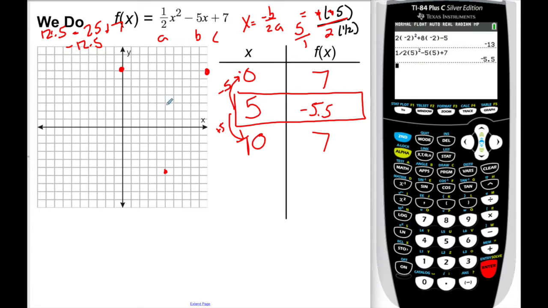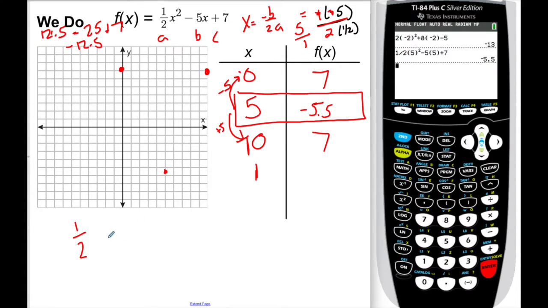So what do we plug in now? Well, what's a nice easy value to plug in? I'd like to plug in 1. 1 is nice and easy because if I square 1, I get 1. And if I multiply 1 by a half, I get a half. If I multiply 5 by 1, I just get 5.